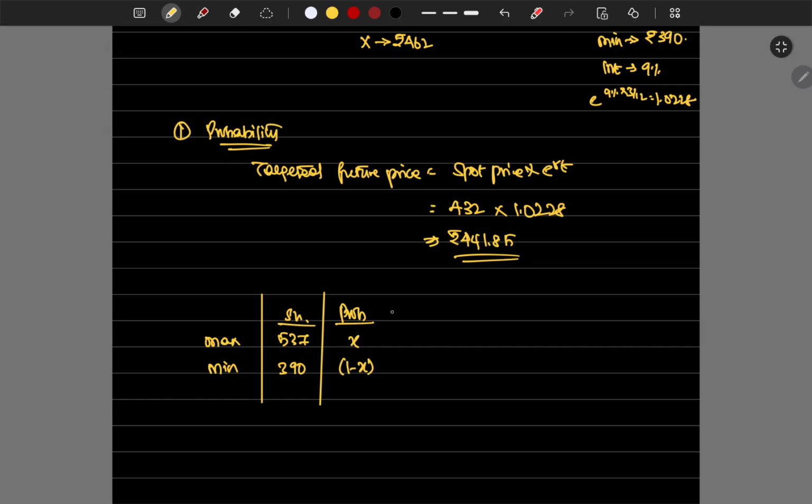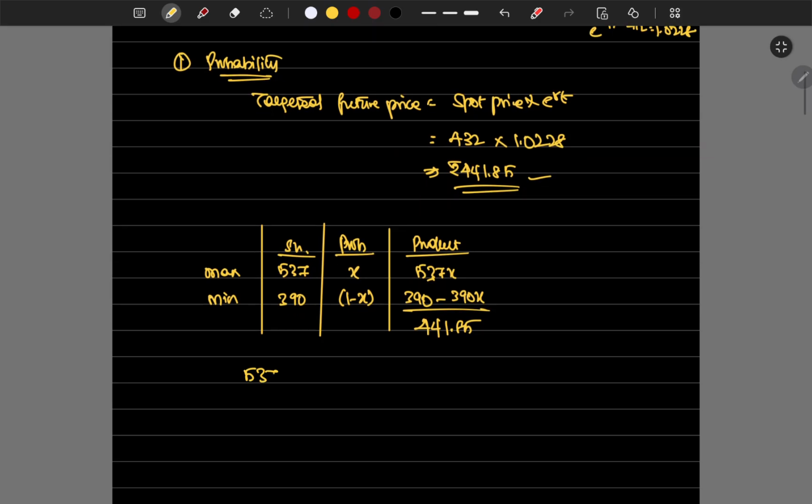Then 1 minus x is the minimum. Multiplying, we get 537x plus 390 into (1 minus x), which gives a total of 441.85. That's why we found this value here.